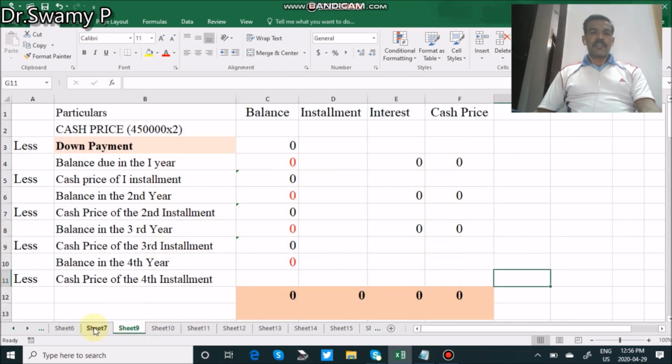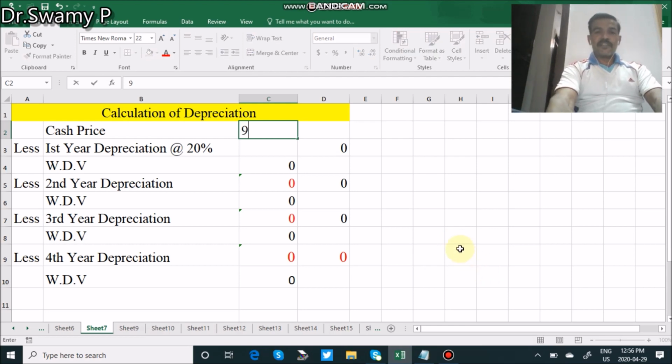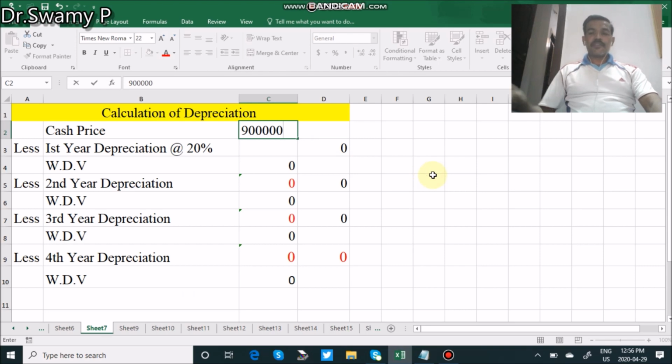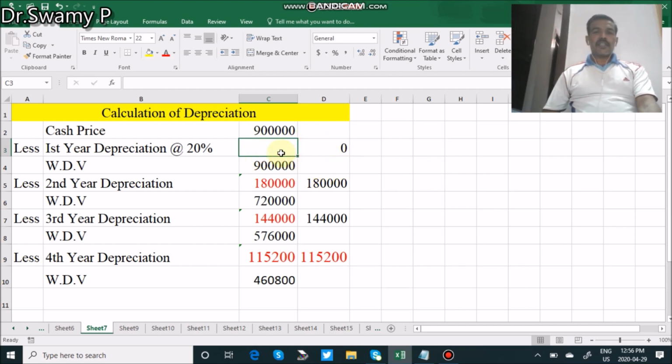So let me take the first item, how to calculate depreciation. When I enter 9 lakh rupees cash price here, since the formula is recorded in each cell, the depreciation is automatically calculated in one click. First year depreciation is not calculated here.